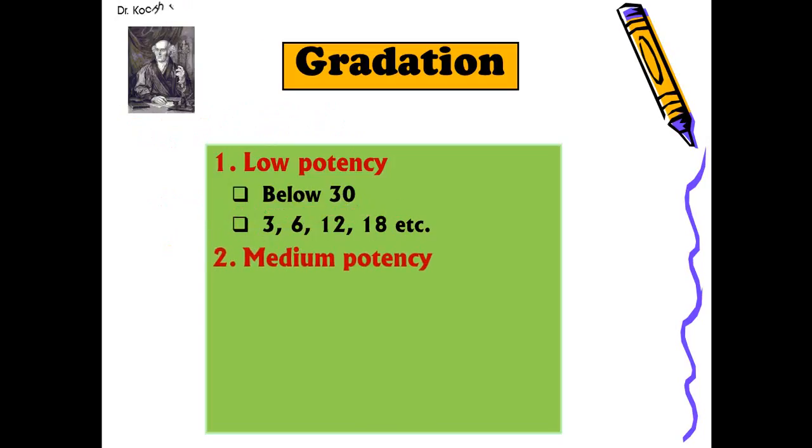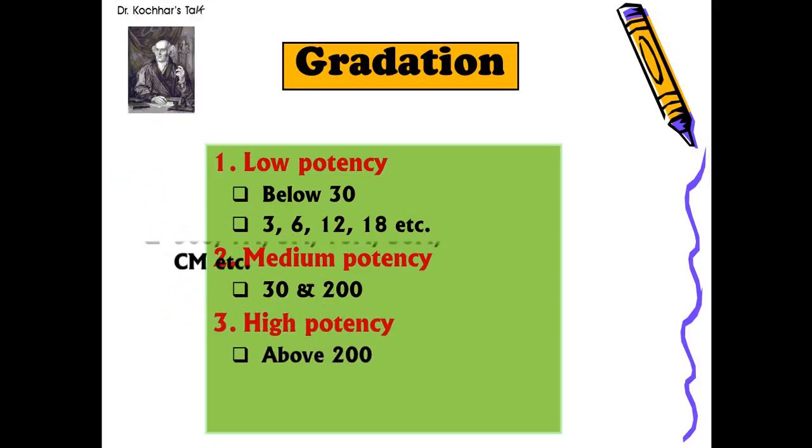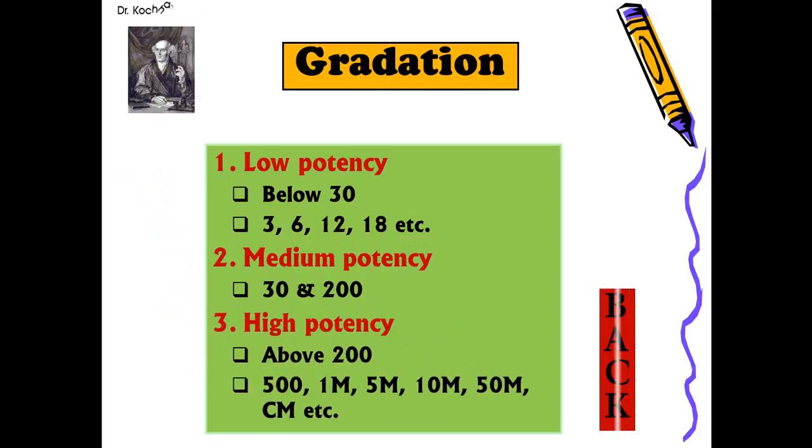Then medium potency is simple, 30 and 200, because they are borderline. From 30 it goes towards low, from 200 it goes towards high. So the medium is 30 and 200 potency, and high potency is above 200, which means 500 potency. Does any one of you have 500 potency?